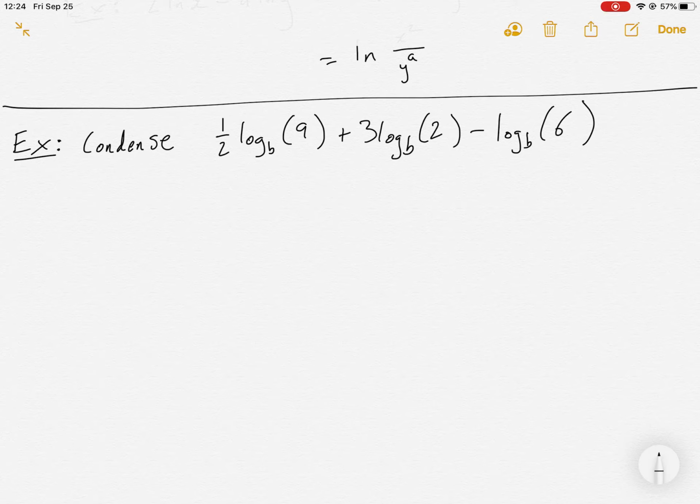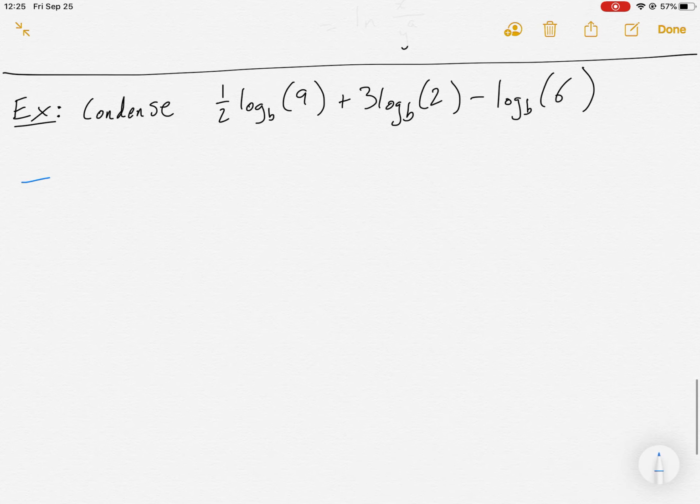Now the reason I like these expressions is because you actually get to simplify some of these numbers. Instead of having all these variables thrown in there, you should end up with a single number. So your final answer should look like this. You should have log base b of some number, which is kind of nice because if you look at the previous examples, we have a to the power of whatever and x to the power of whatever and all these other things. So I kind of like how these work out.